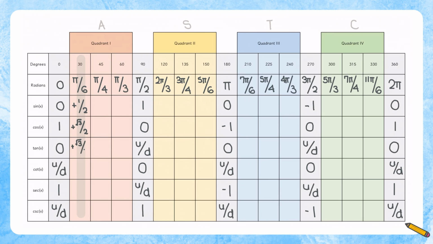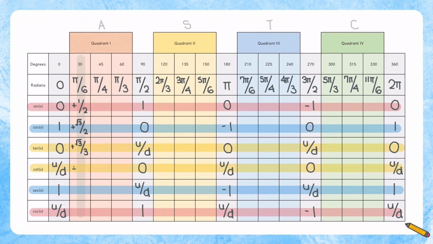Tangent of 30 degrees is positive radical 3 over 3, and then so forth. So we're just going to fill out the table with the values that we just found. Also, I added the highlighting colors just to show the reciprocal relationships. So again, these are the values that we just found looking at that 30-degree reference triangle.